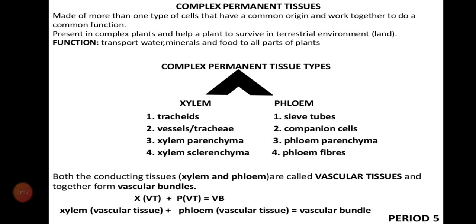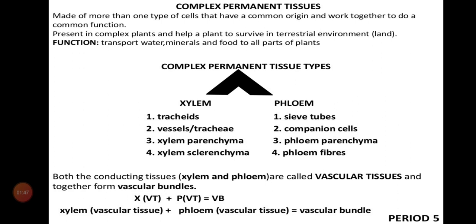But it is just the opposite for complex permanent tissues, where we can see more than one type of cell in a tissue, different types of cells, and they also have different functions. That's why we define them as complex permanent tissues.